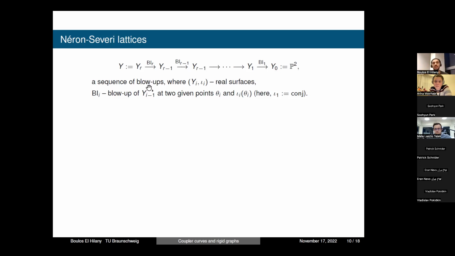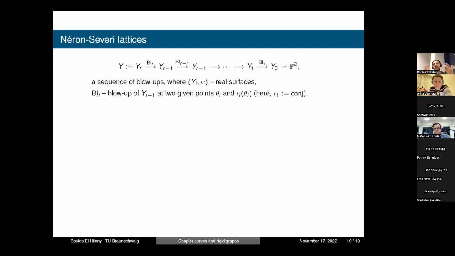Okay, so one can think of Y1 as a surface above P2, and then Y2 as a surface above Y1. So if I choose those two complex conjugated points, starting from P2, I look at the blow up. Now I can lift the complex conjugation of P2 into my Y1.